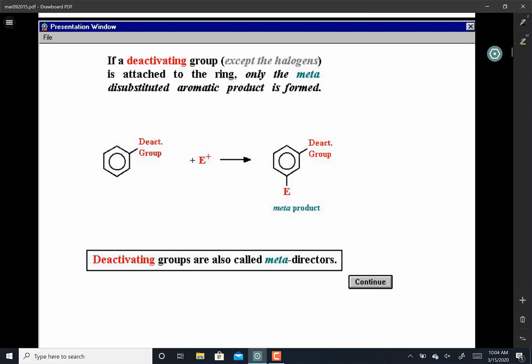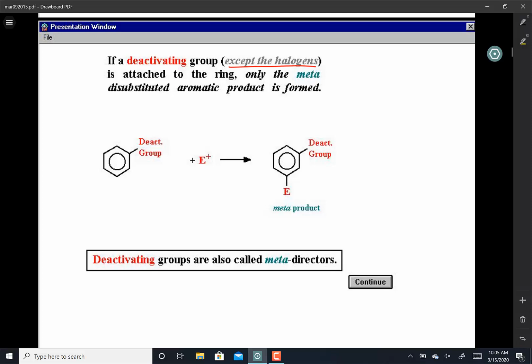All the deactivating groups except the halogens basically direct the electrophile to the meta position. There's very little ortho and para product formed in this reaction. So these are what we call our meta directors.